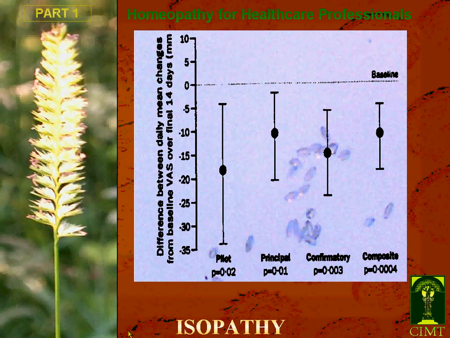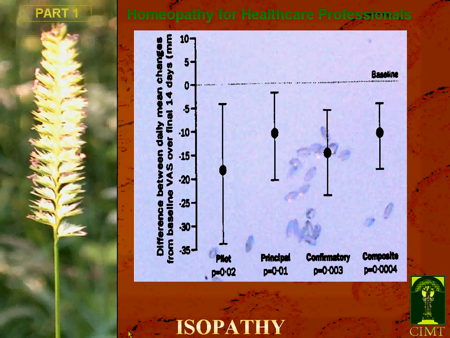It was a small sample, so the confidence interval is quite large, but it reached a statistical value of 0.2. The principal trial had more people involved in it. Its p-value was 0.001. The confirmatory trial was p 0.003, and by the time they put all four trials together, including the asthma trial, the isopathic pollens in asthma, they had a very, very clear positive result for homeopathy.